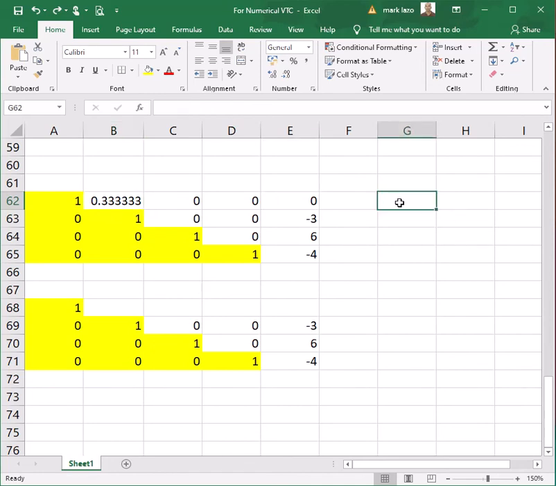And what will be our formula? R1 will be equal to R1 minus the element in row 1, second column, times R2.